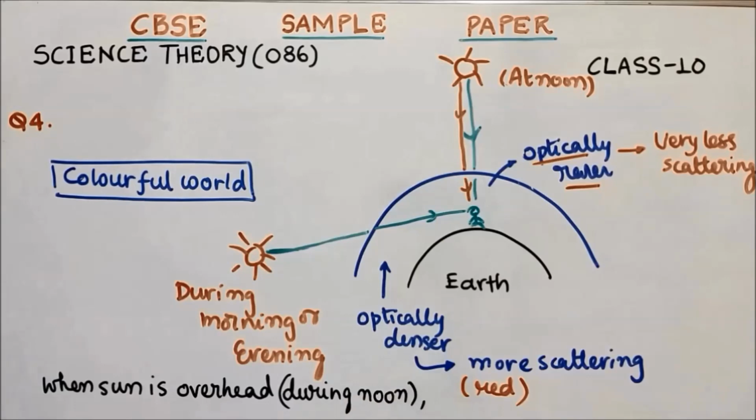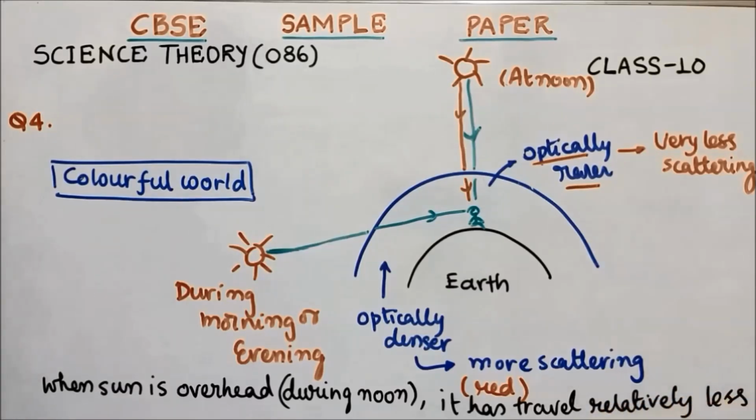So when the sun is overhead during noon, it has to travel relatively less distance and undergoes least scattering.